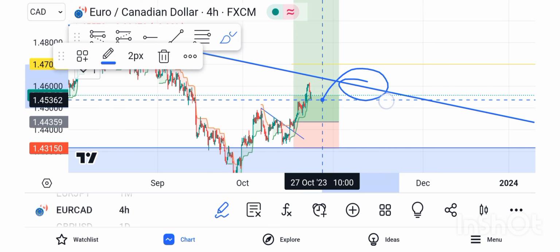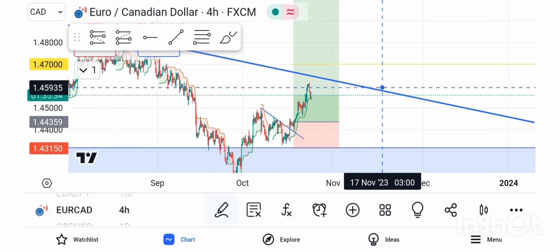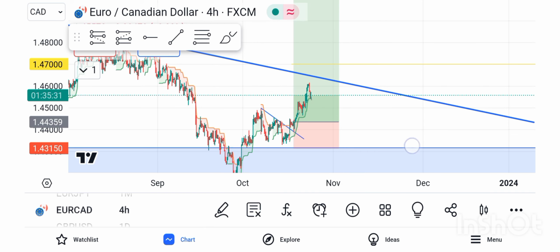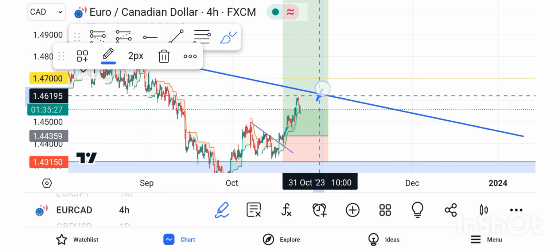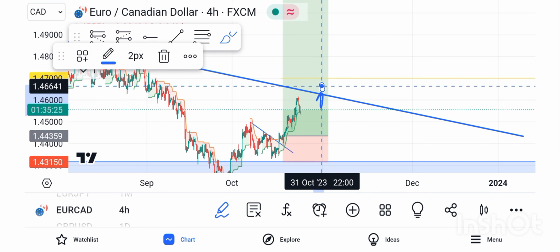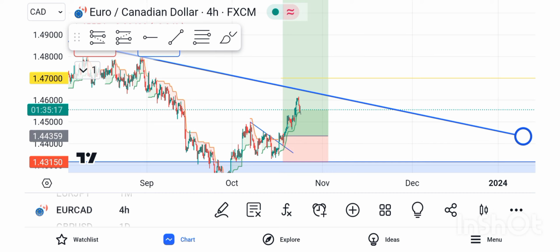We're not going to ignore it. So let's see how the price reacts from there. If the price struggles to break this line, we'll take some percentage of our position out and move our stop loss to break even. But if the price breaks it and hits our yellow line, beautiful, we'll do the same: take some profit out and lock in the others.